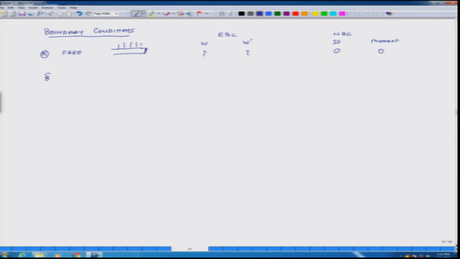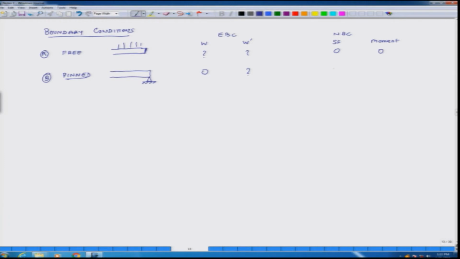The second possible condition could be pinned end. So, pinned end could be something like this. In this case, the value of W is 0 and the slope is unknown, and the shear force we do not know, because this pin is exerting some shear force.